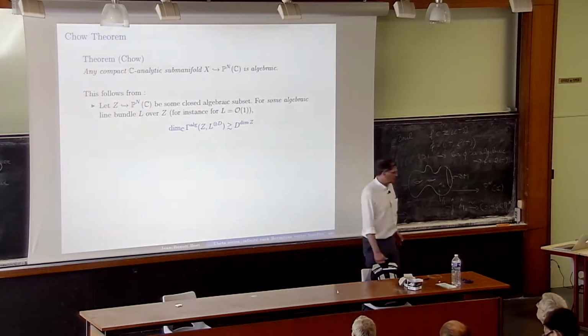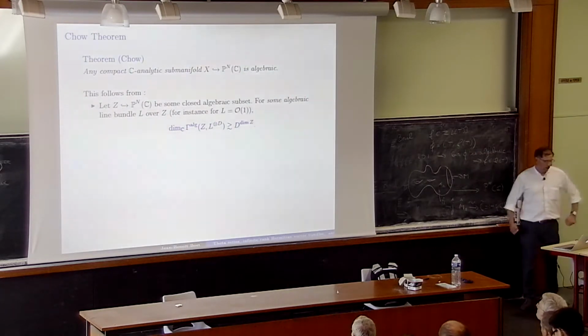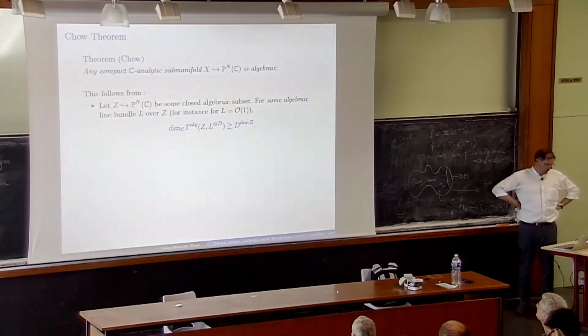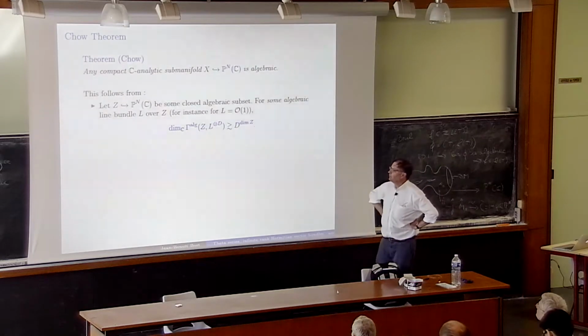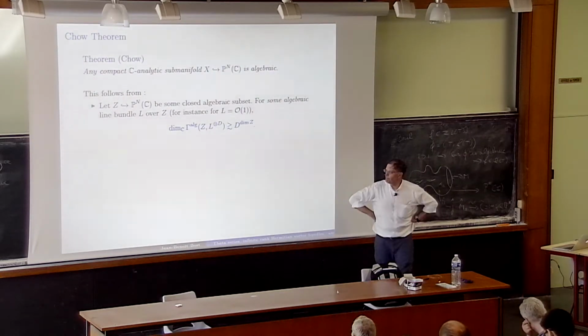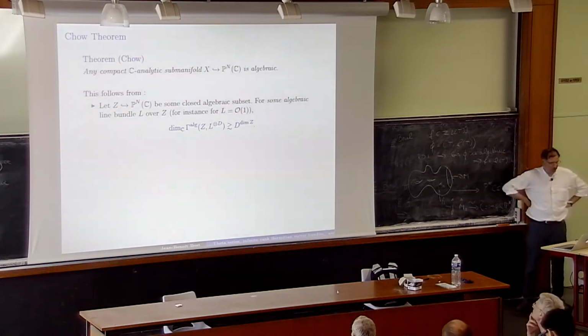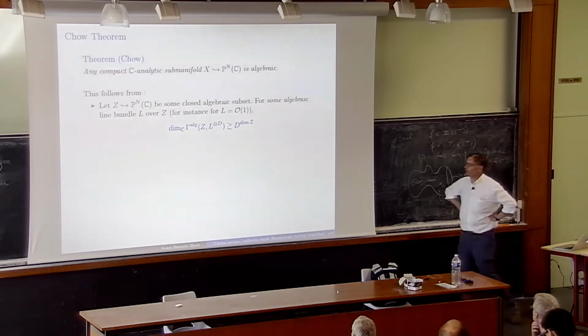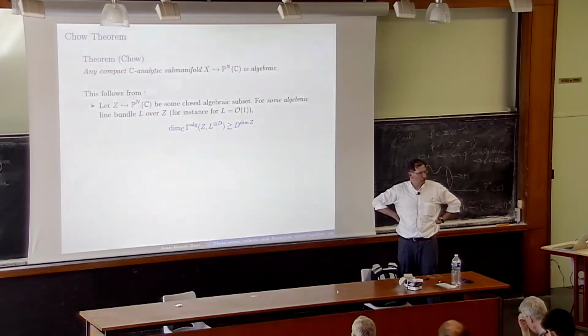The first fact is something of purely algebraic nature: if you take some closed algebraic subset Z, there exists a line bundle L on Z so that the dimension of the space of sections of the d-th tensor power of L grows at least like d to the power dim Z. Of course, you know that.